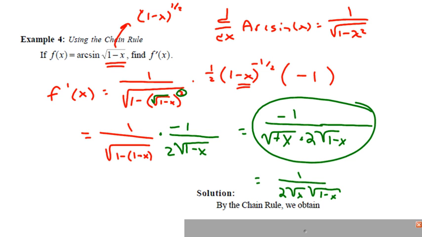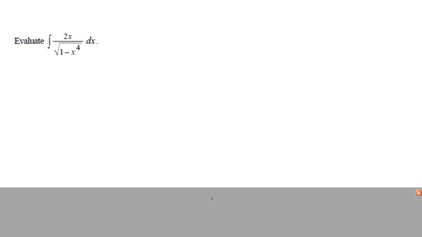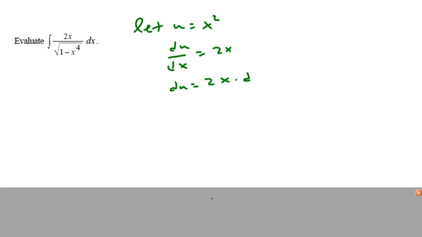Okay, let's proceed a little bit further. What about this problem? Well, we can use a u substitution. Let's let u equal x squared. So du dx equals 2x. Du equals 2x dx.